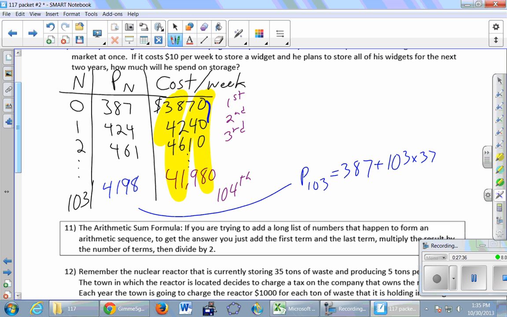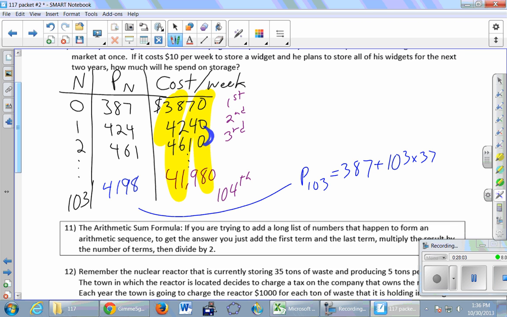This sequence right here is an arithmetic sequence because we keep adding the same amount every time. Might not have been clear, but can you subtract these two numbers right here? I want to know what the difference is. What's the difference there? Almost. 370? Yes? Now find the difference between these next two numbers.